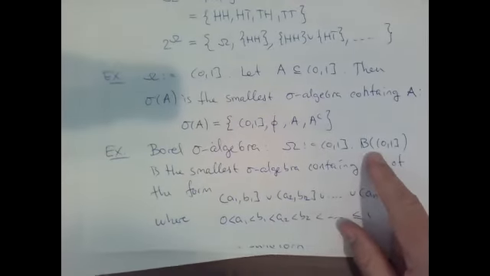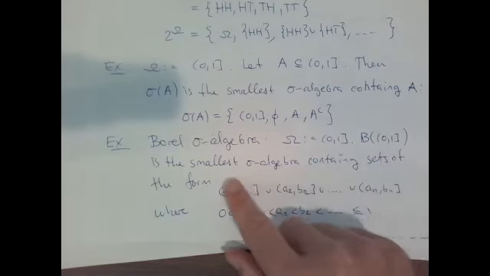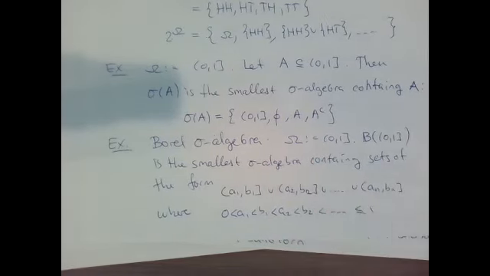Here, the thing that we know is it's the smallest sigma algebra containing sets of this form. But there's no formula for it. It's not like, here's how you do it if you want to get all the Borel sets.